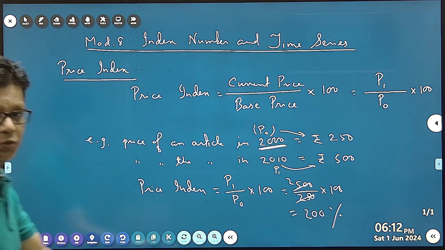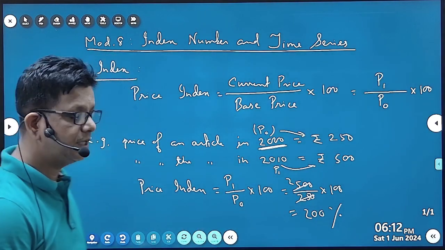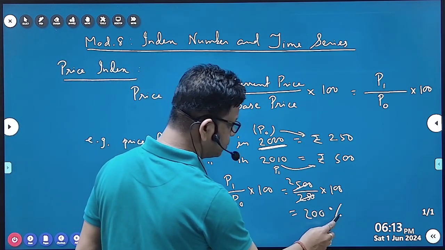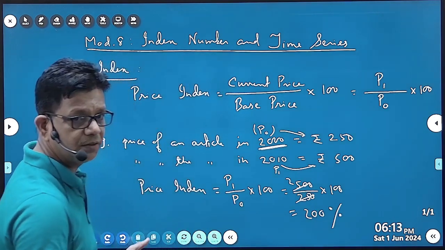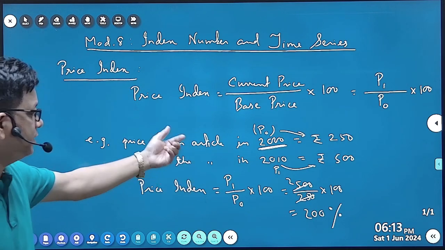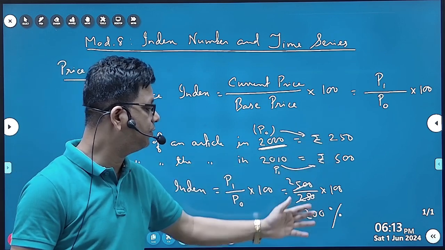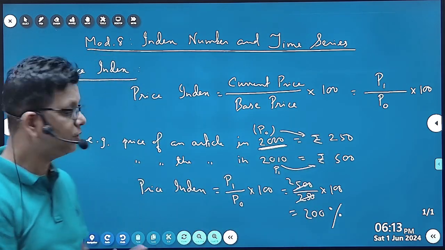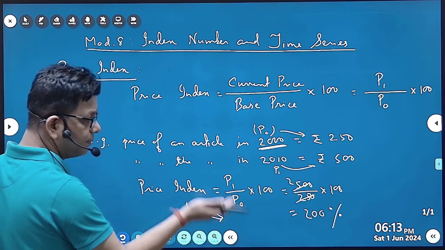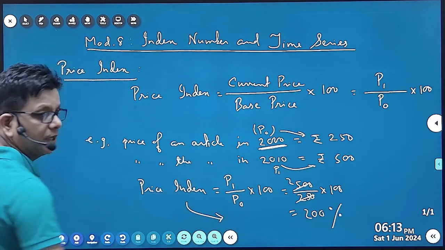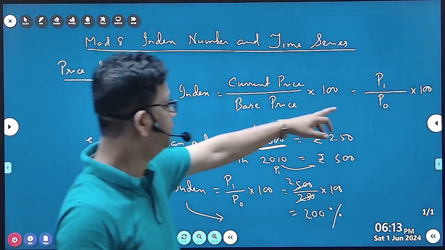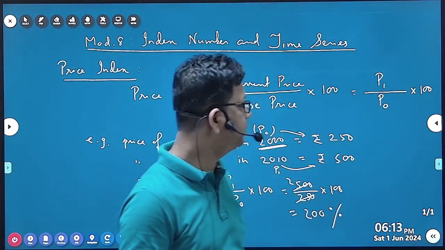Indices or index numbers you will see in lots of fields. I gave an example of an article, but it can be any share. So when it was 250, now it became 500, a double jump. So price index refers to the aggregate jump in the price. Easy to remember: P1, current, by base, multiplied by 100.